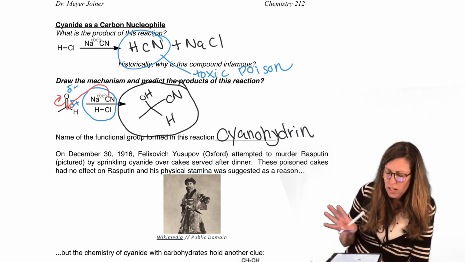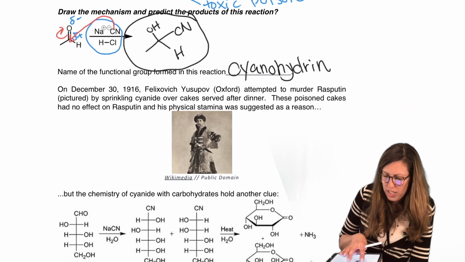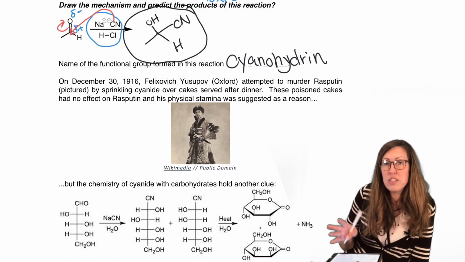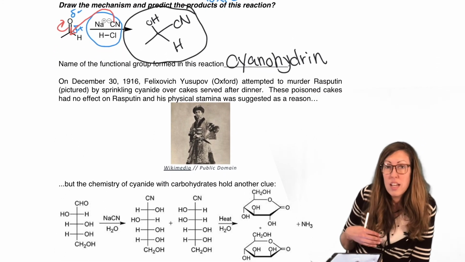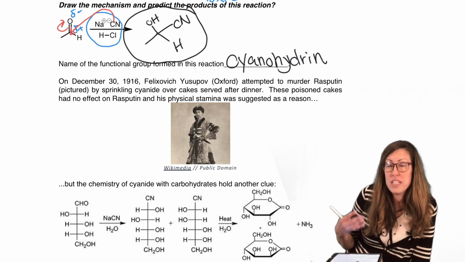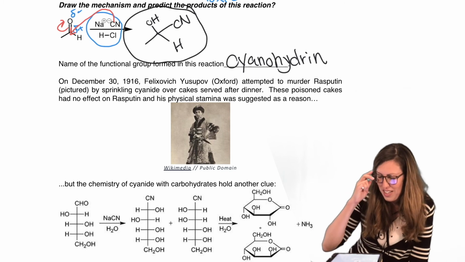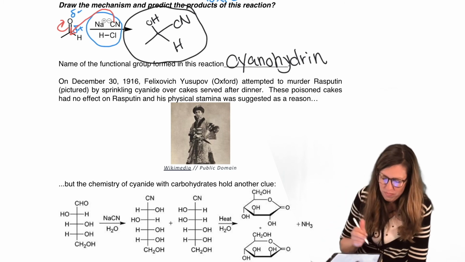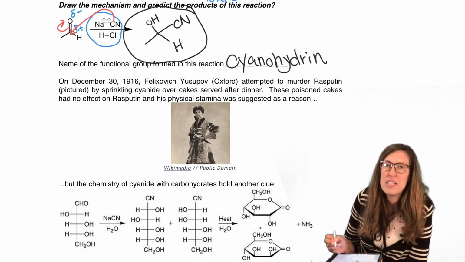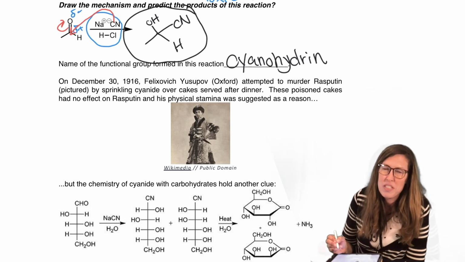So while I'm a little chicken of doing that, apparently there's historical precedent for this working and someone surviving it even when the intention was to poison them. So Rasputin is very famous, had a lot of enemies, many attempted murders. He was notoriously difficult to kill.